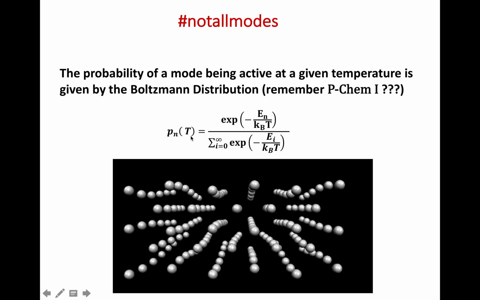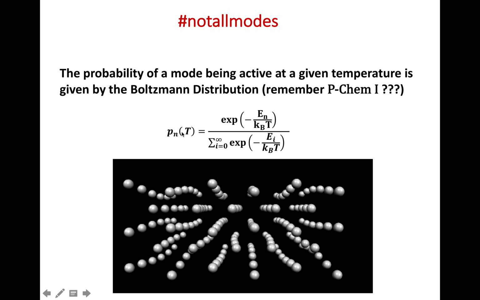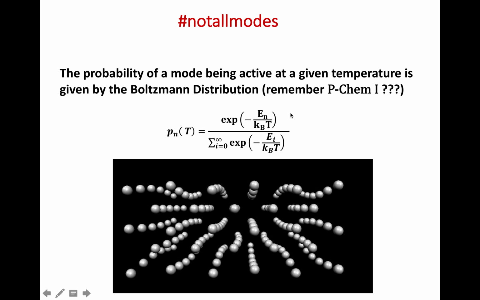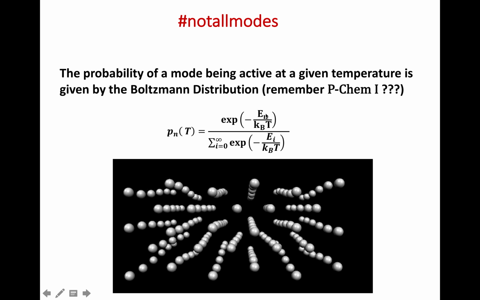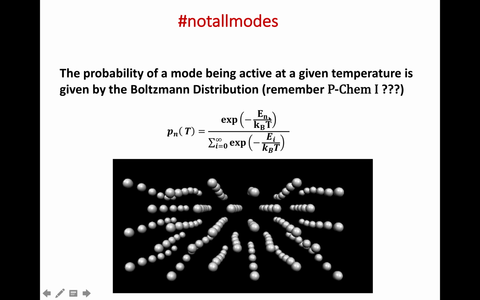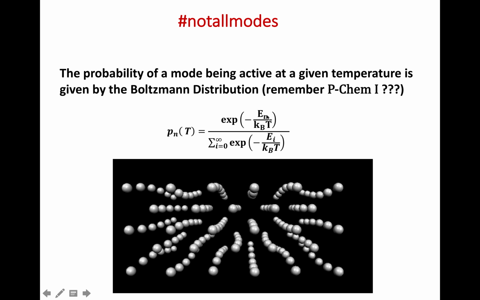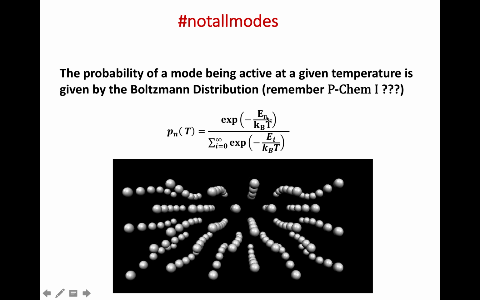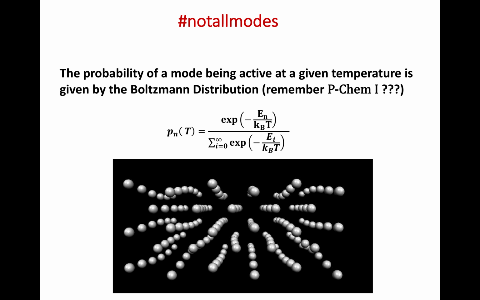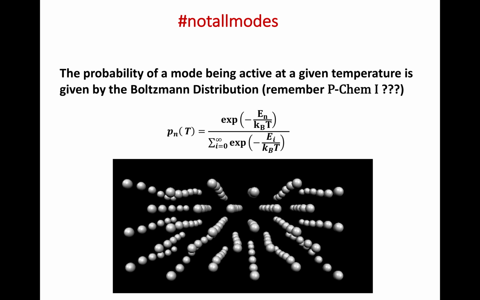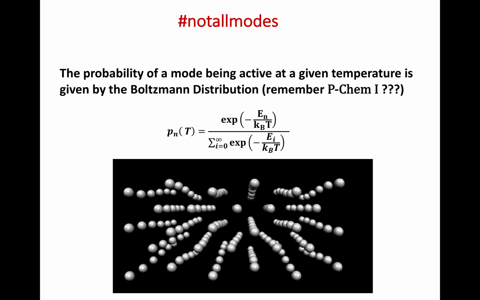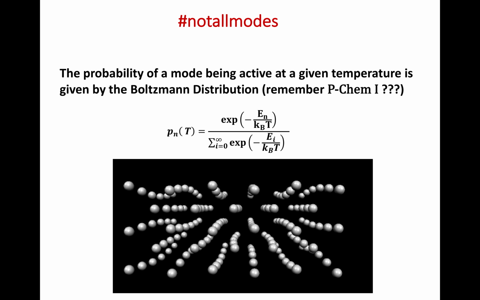And so in fact, if you know the temperature of your crystal, you can actually compute the probability that you're occupying some normal mode with energy n. And so basically E sub n is nothing more than Planck's constant times the frequency of the mode times some integer n. And basically the integer n can be 1, 2, 3, 4, 5, 6, 7, 8, 9, 10.